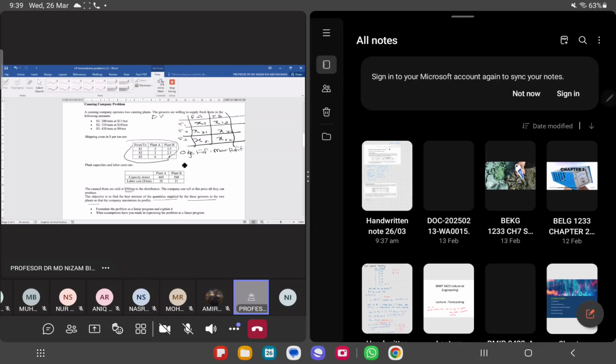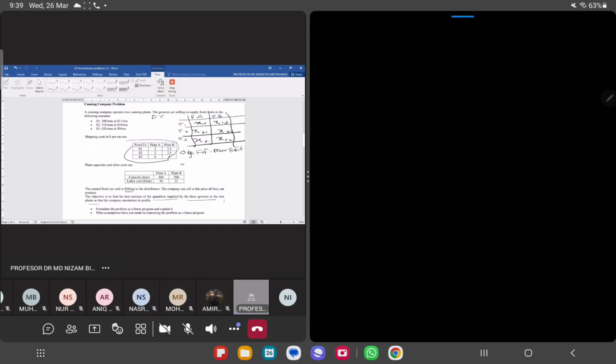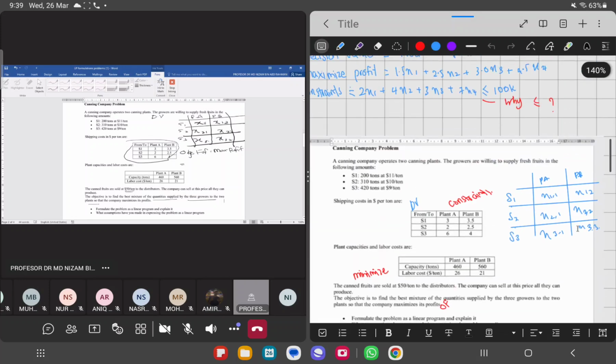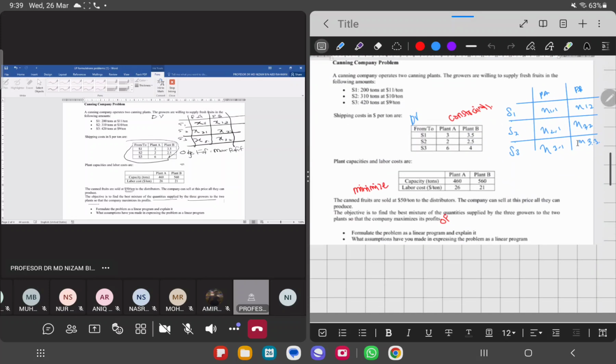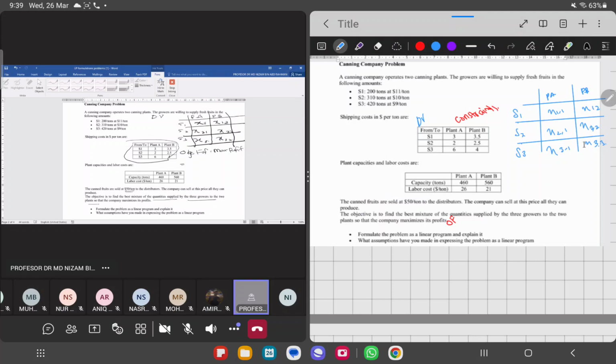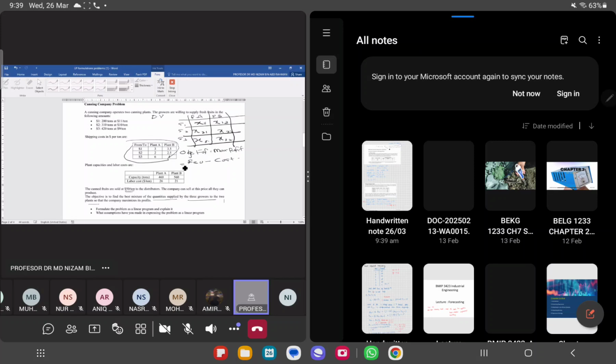So how do I calculate profit? Total revenue minus total cost. Right. So revenue minus cost.